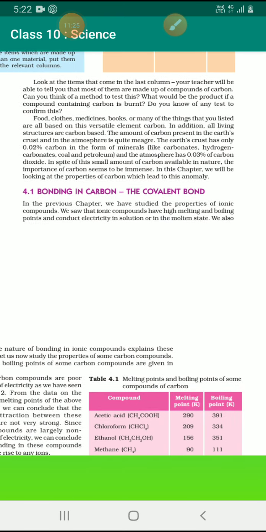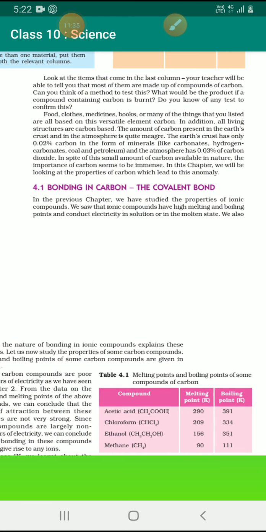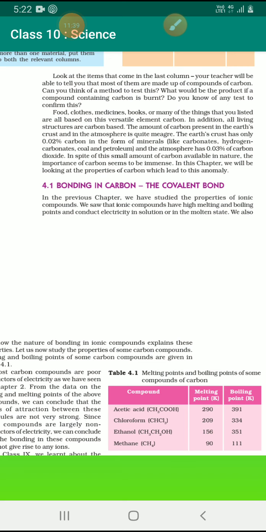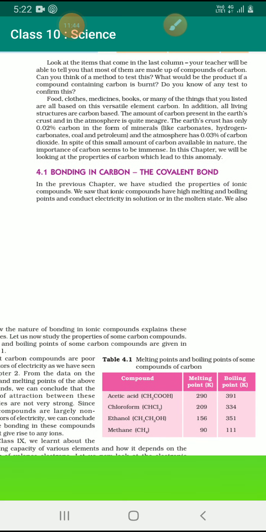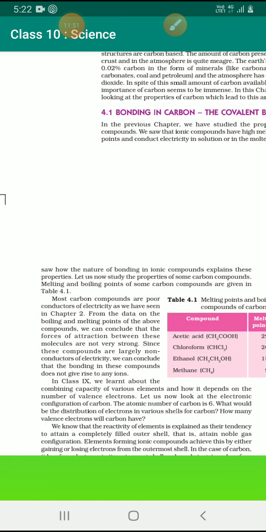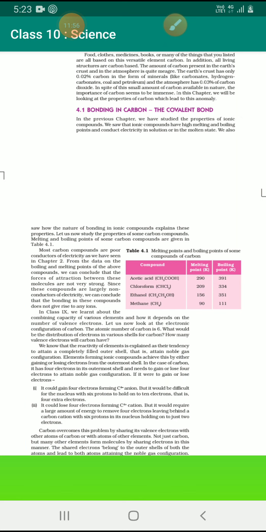In the previous chapter we studied the properties of ionic compounds. We saw that ionic compounds have high melting and boiling points and conduct electricity in solution or in the molten state. We saw how the nature of bonding in ionic compounds explains these properties.